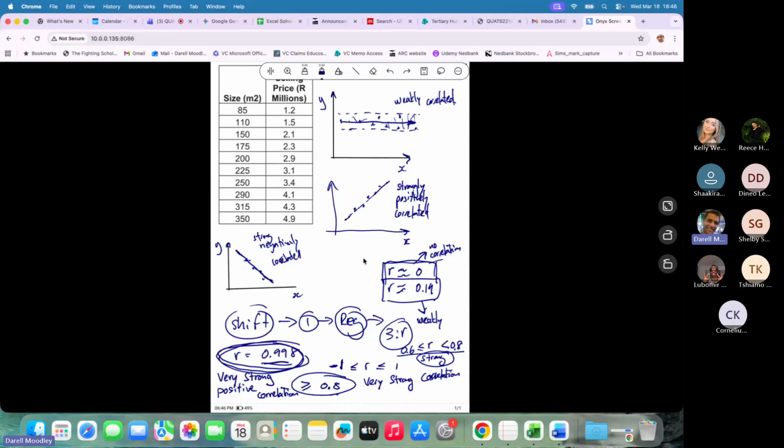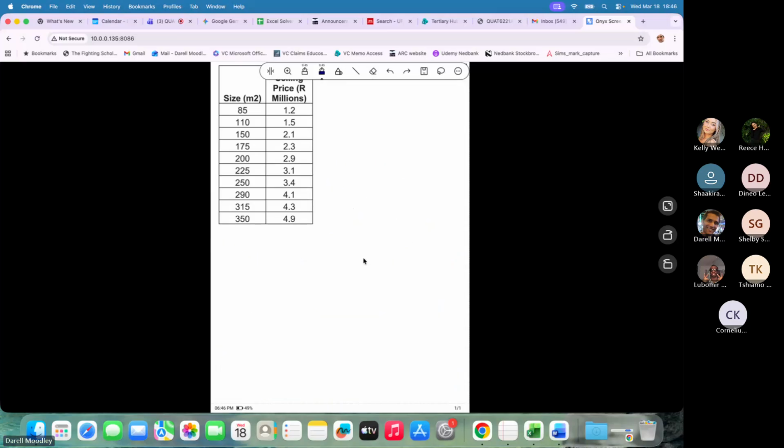So I can write that out. Let me just make some space here. Give me a second. Okay, so your ranges, just as a guideline: R greater than 0.8, it's very strong. R between 0.6 and less than 0.8, we would say strong.